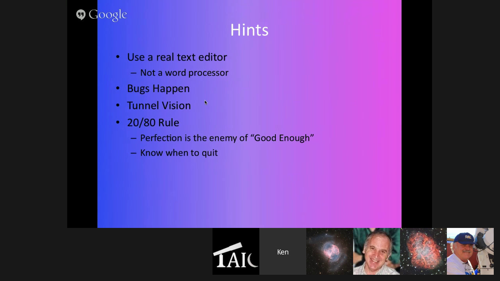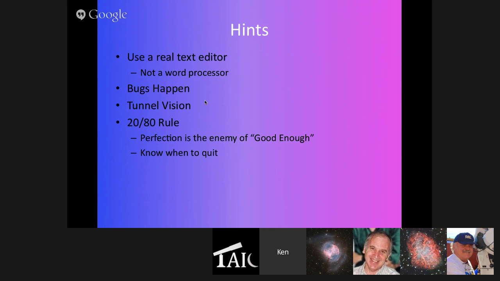You should also get yourself a real text editor. And what I mean by that is something that doesn't, for instance, change your quotes to smart quotes and stuff like that. Just be patient with yourself because bugs are going to happen. In fact, TheSkyX has bugs, and you might find them. Try to avoid the tunnel vision. You'll get very locked into solving a problem in a particular way. And then just remember, you are probably not writing a script for the world.